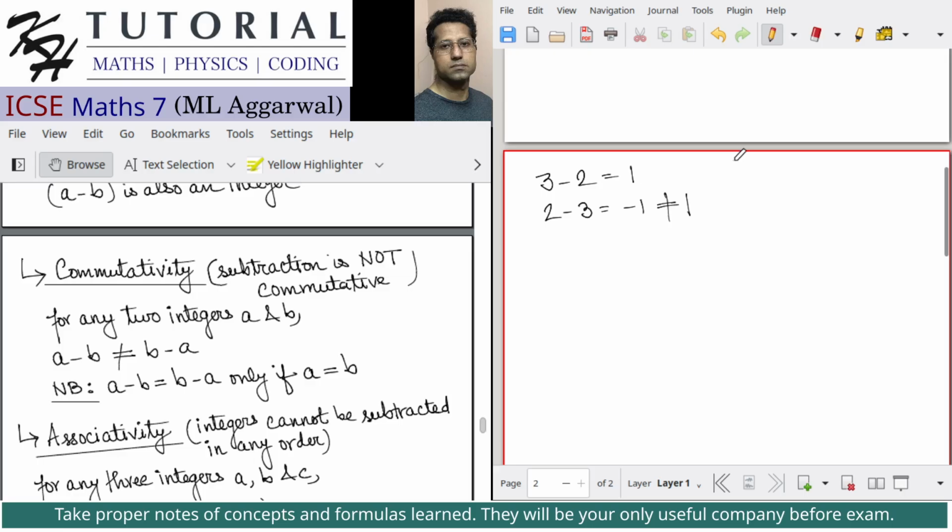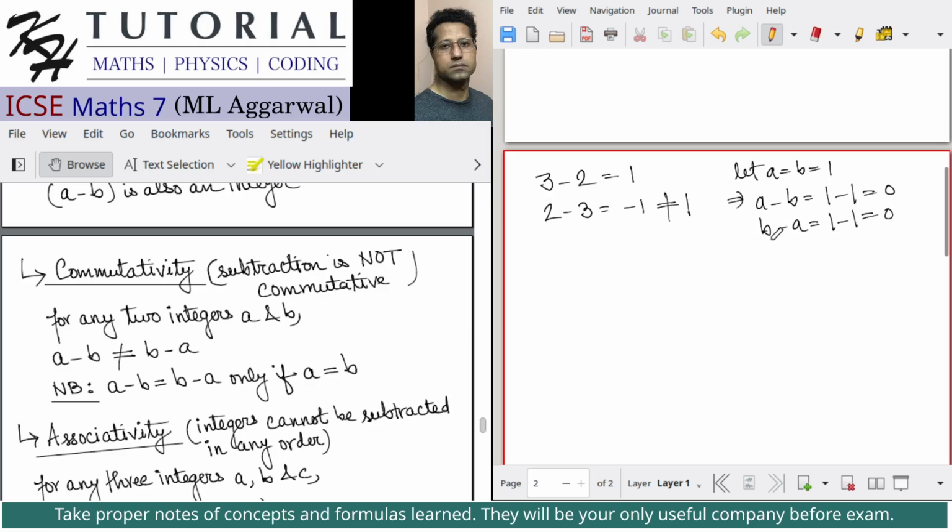Why? When a is equal to b, let's say a is equal to b is equal to 1. So this implies that a minus b is equal to 1 minus 1 is equal to 0. Also b minus a is equal to 1 minus 1 is equal to 0. So we see that if a is equal to b is equal to 1, the subtraction is commutative.